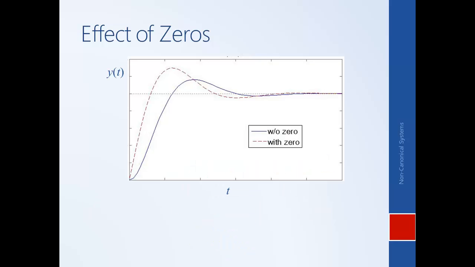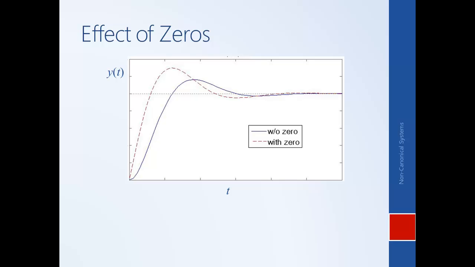For example, this is a graph generated for two transfer functions where the blue line is a standard underdamped second order response, whereas the red dashed line is a system with the same poles, the same DC gain, but a 0 added to it.